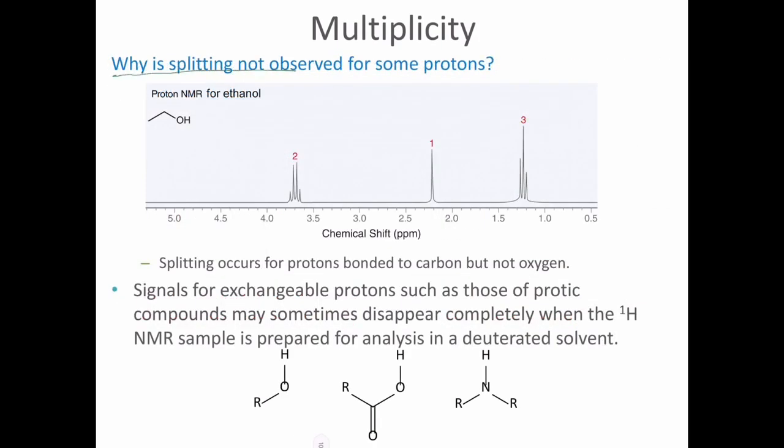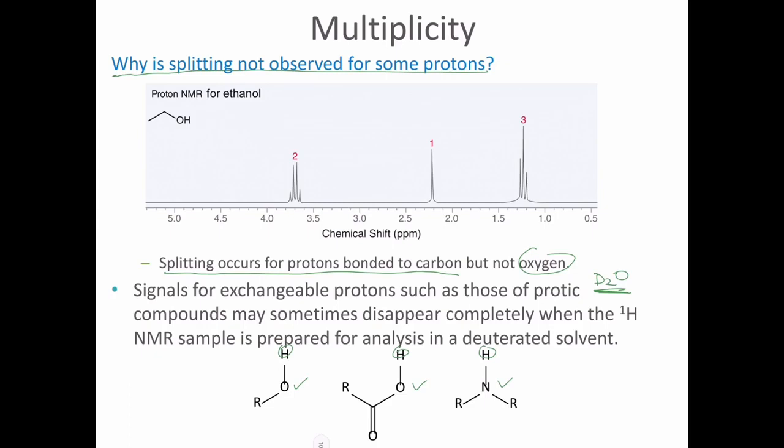Why is splitting not observed for some protons? Well, splitting only occurs for protons bonded to carbons, not oxygen, not nitrogen. Okay? In fact, in some cases, the signals may not even appear in the proton NMR, especially for protons that are bonded to more electronegative atoms like oxygen or nitrogen, which implies that these compounds are likely to participate in hydrogen bonding.